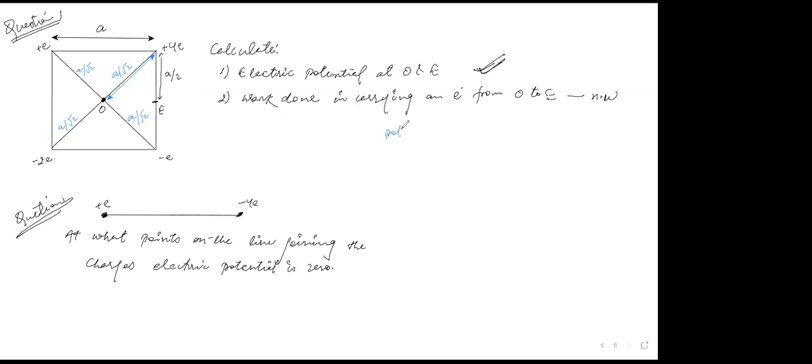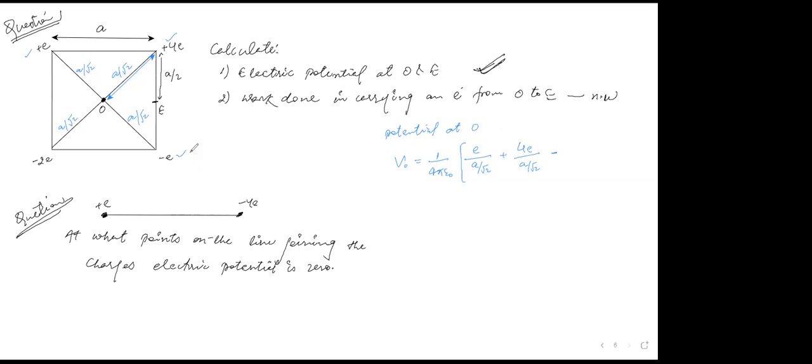Please note it down. Potential at O, V_O, is equal to 1 over 4 pi epsilon naught times: for this charge, plus E over A over root 2, plus for the next charge, 4E over A over root 2.